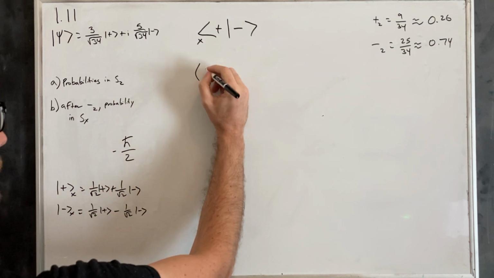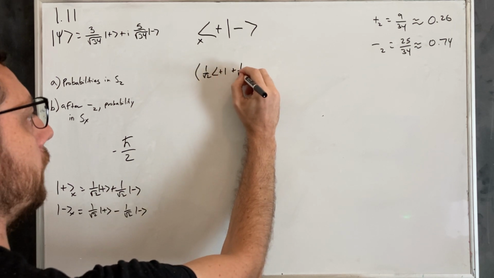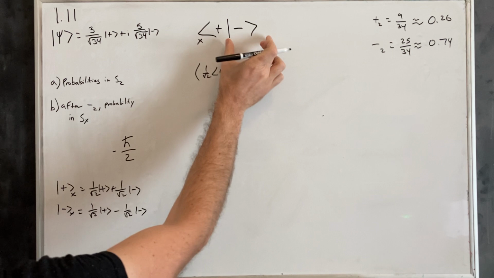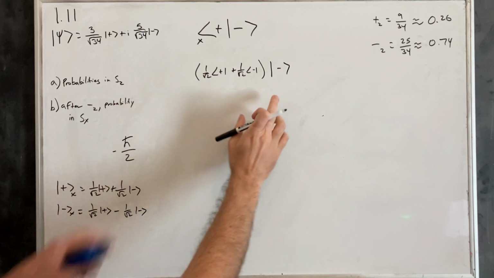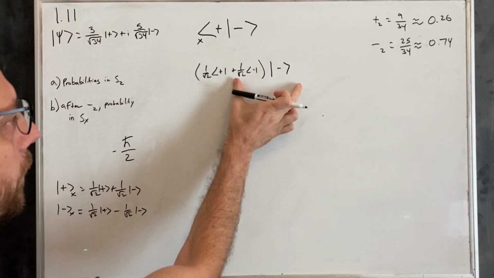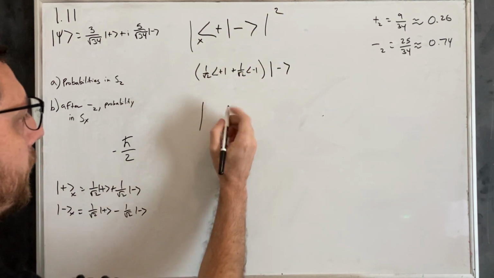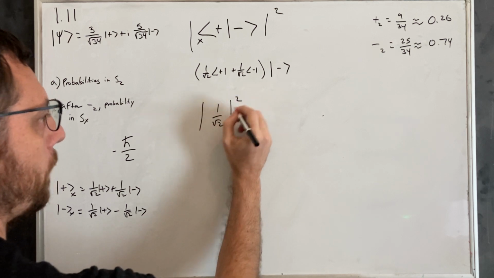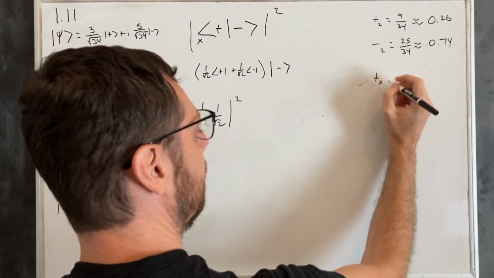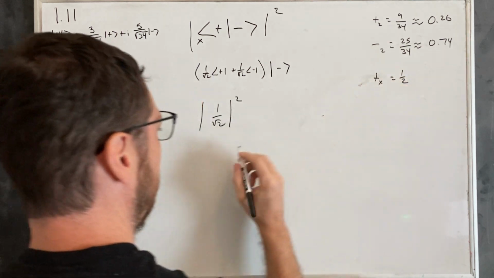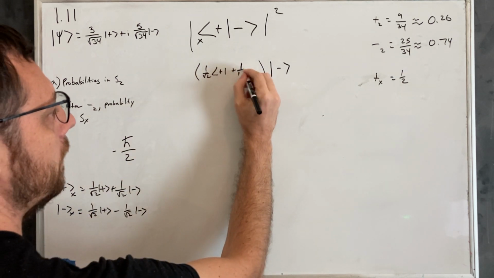So this is going to be 1 over root 2 bra up plus 1 over root 2 bra down times our down state right here, because that's where we started. So the up and the down will cancel. We'll keep this 1 over root 2, and again, it's going to be the probability we're looking for. So we'll keep this 1 over root 2 and square that, and so our up in x is going to be 1/2, and we already know that the down is going to be 1/2 also.